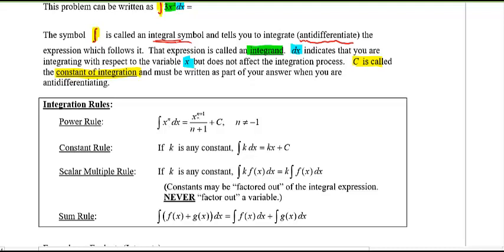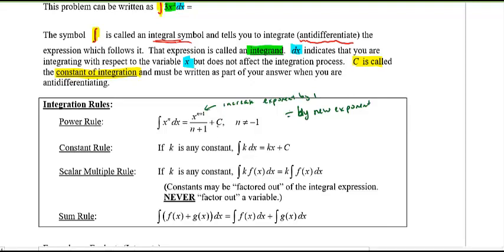Well, the opposite process is to increase the exponent by 1, right? Increase the exponent by 1, and that's why you have this x to the power n plus 1. And instead of multiplying, we're now going to divide by the new exponent. So we're dividing by n plus 1. And then don't forget, once again, a plus c at the end.